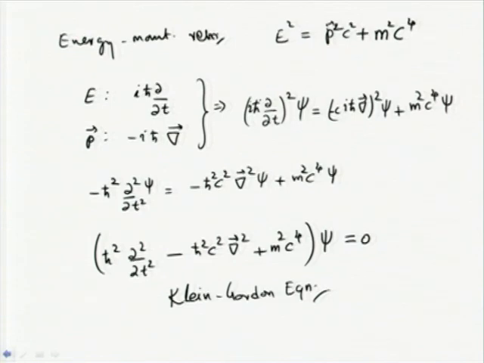So, let us start with the relativistic notation and other things. First thing is the position coordinate.